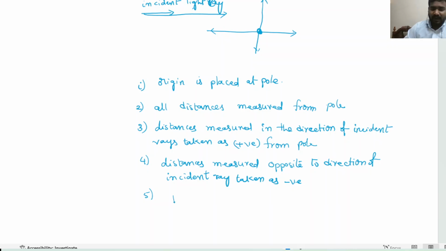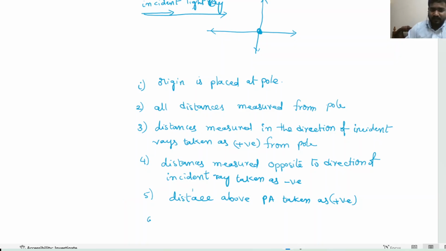Next, the fifth rule: heights or distances above the principal axis are taken as positive.